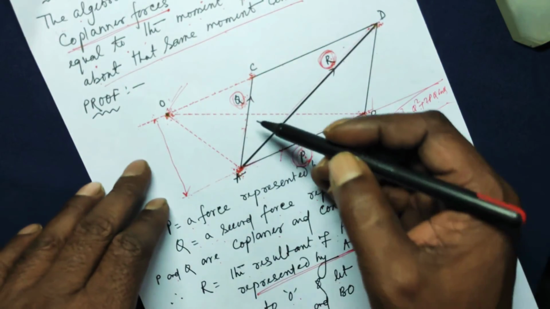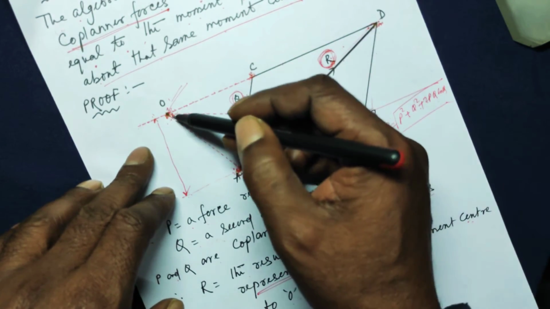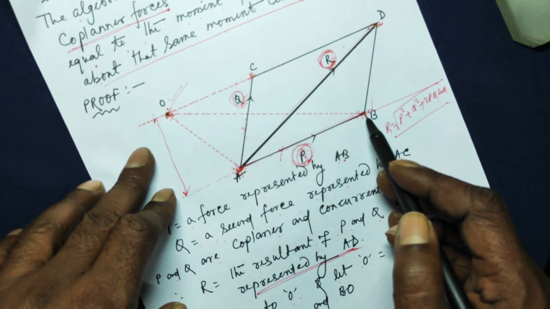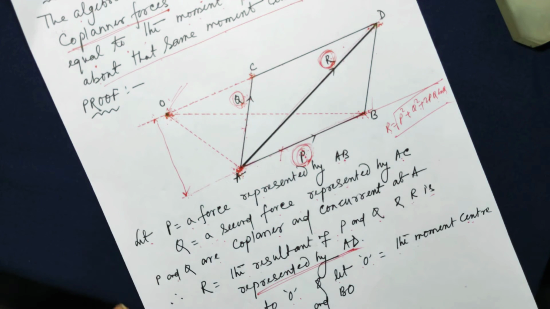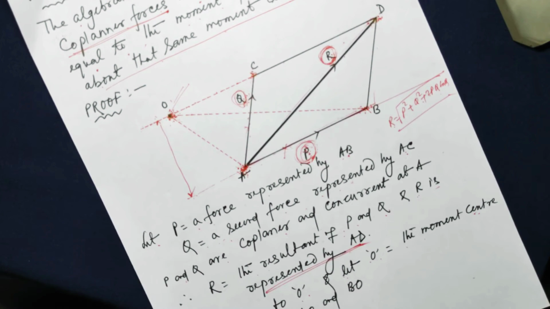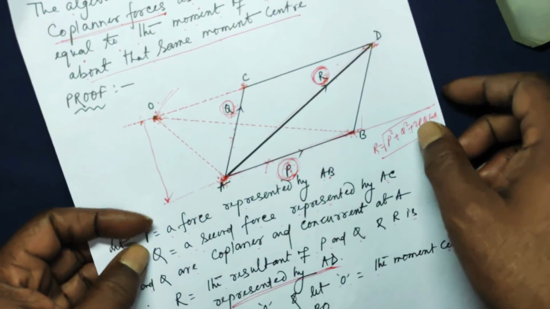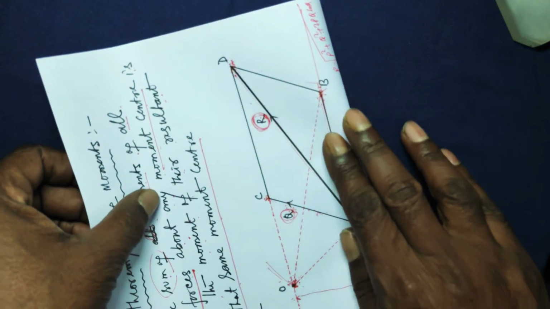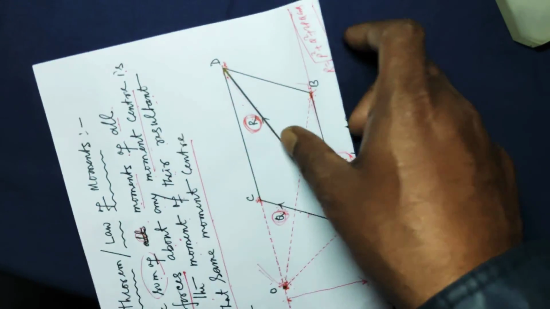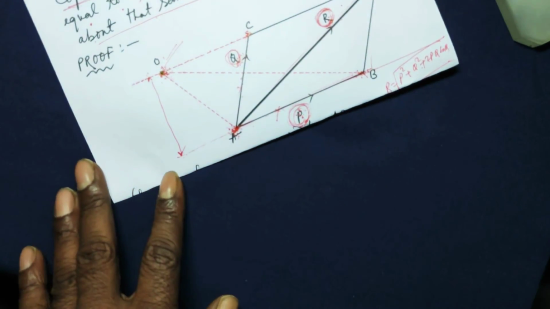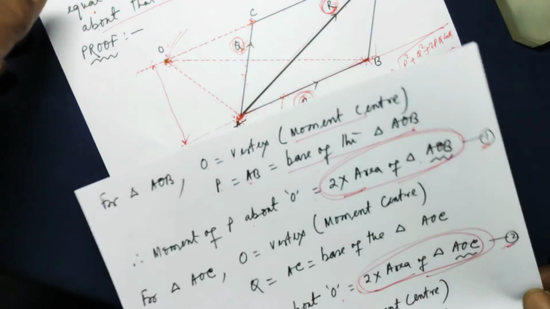Now what you do is join from A to O and from O to B, right? And now it is interesting. Let me fold this paper because there is less space on my table to explain.